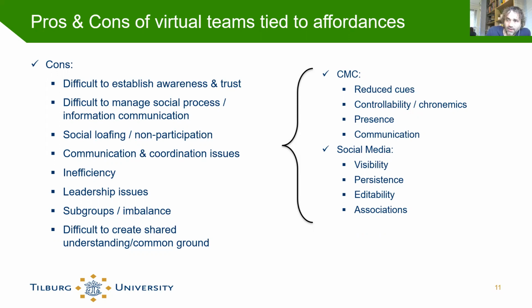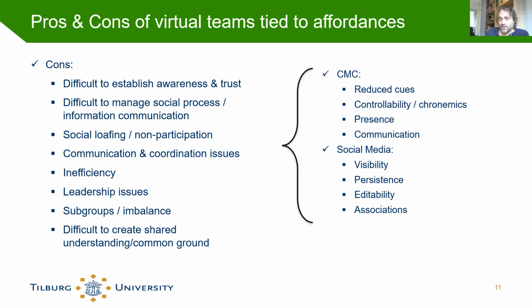A shared understanding and common ground is the basic idea that you are a team and that you want to accomplish a task. So shared understanding has a social aspect: okay, we are the team and we need to do this together.